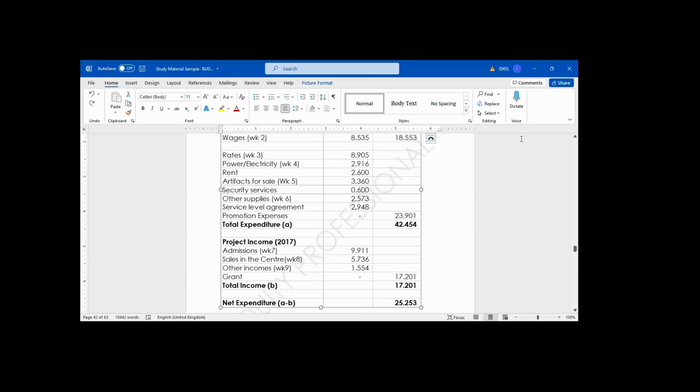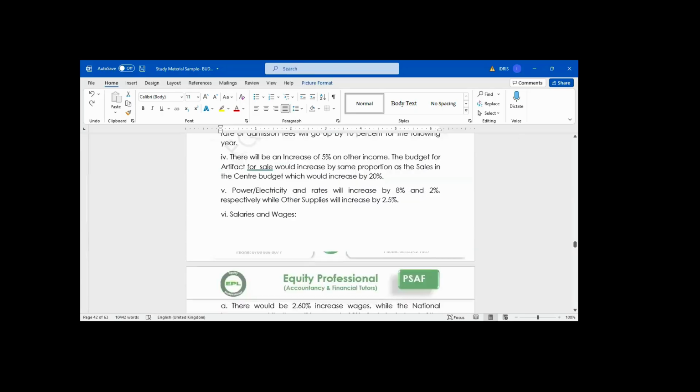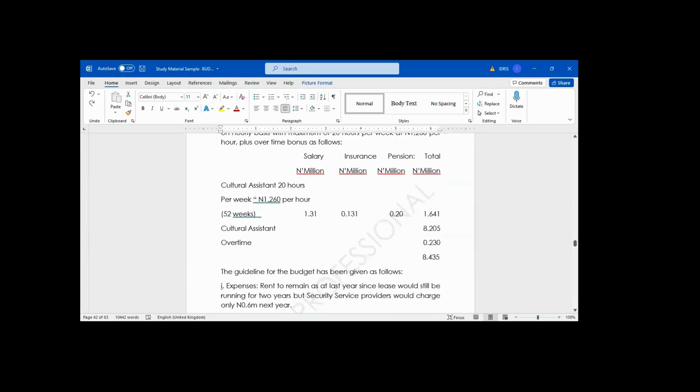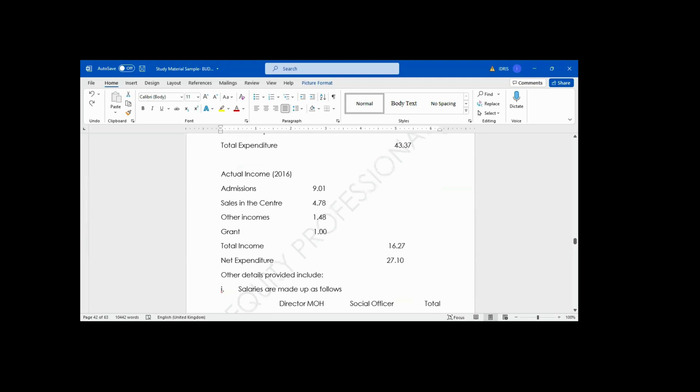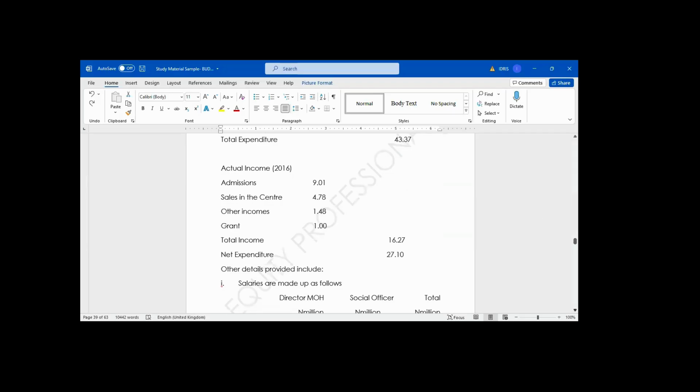After security service, which one is next, for the sake of time? Other supplies. Are we giving notes? Yes. Note 5. Other supplies will increase by 2.5%.